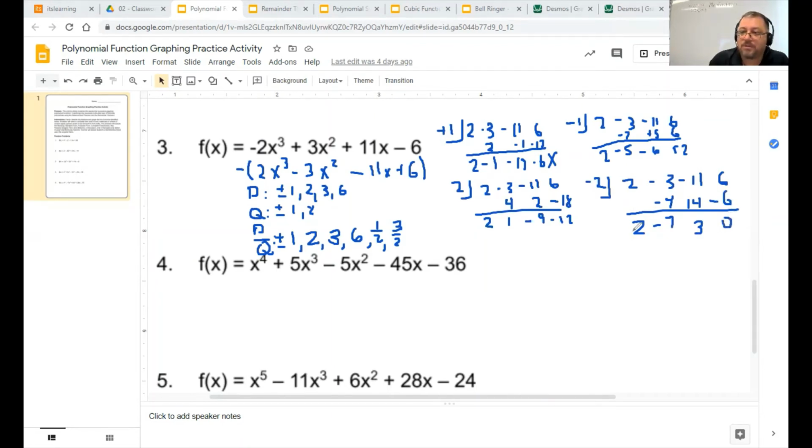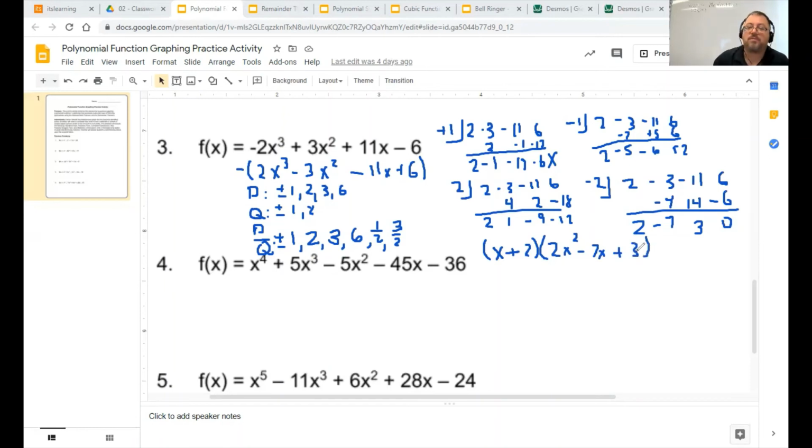Zero. So what I'm left with now, so far, is x, and I have to change that sign, plus 2. And I'm left with these numbers here, 2x squared minus 7x plus 3.